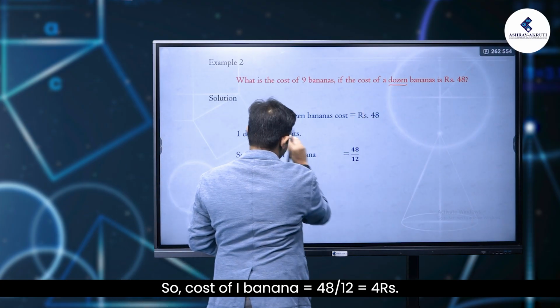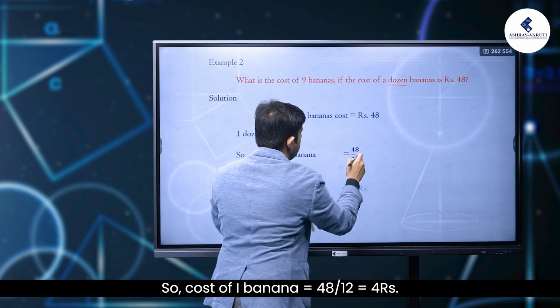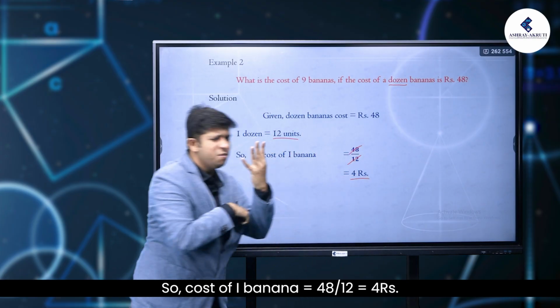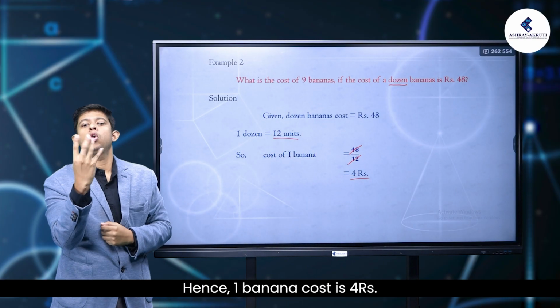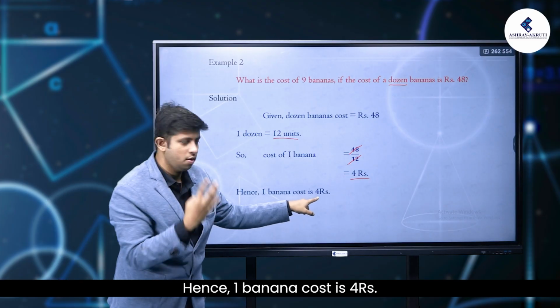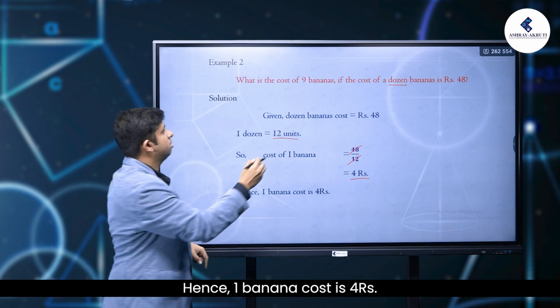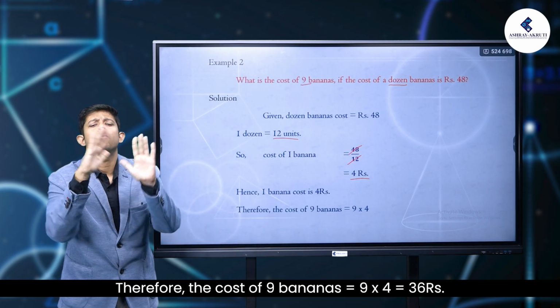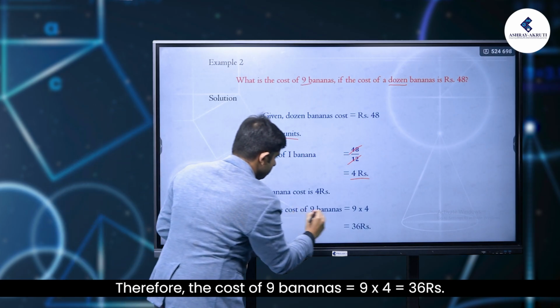So cost of 1 banana is equal to 48 by 12 is equal to 4 rupees. Hence 1 banana costs Rs 4. Therefore the cost of 9 bananas is equal to 9 into 4, which is equal to 36 rupees.